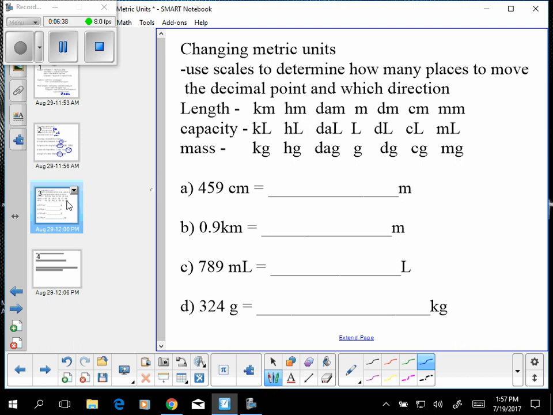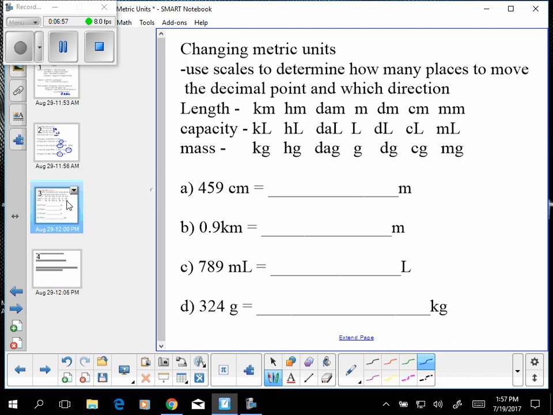Lastly, we are going to talk about changing metric units. You might recall using these scales in math classes in the past, that from the left to the right it goes kilometers, hectometers, decameters, meters, decimeters, centimeters, millimeters.